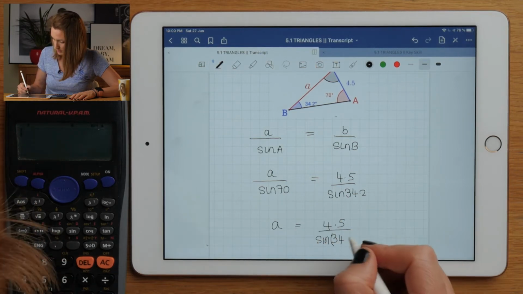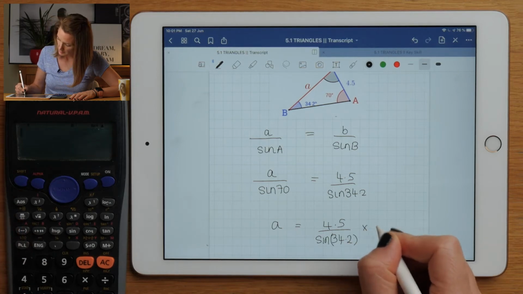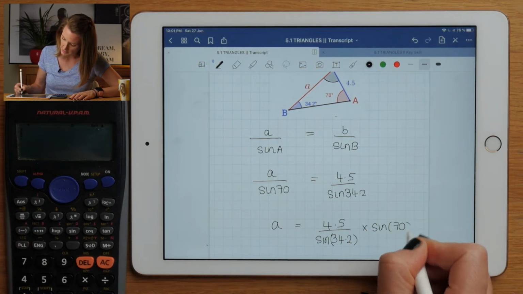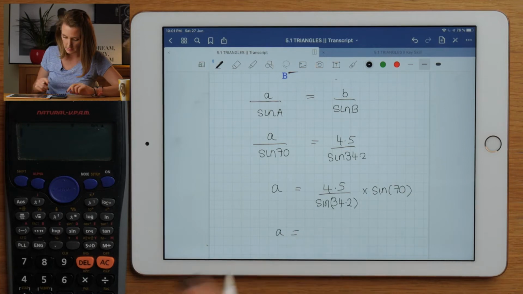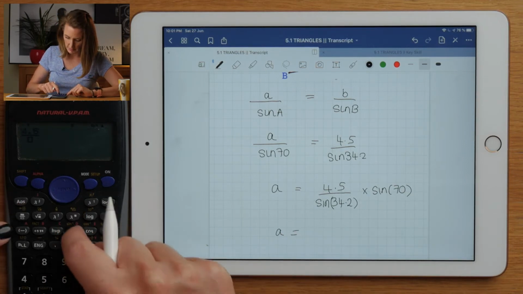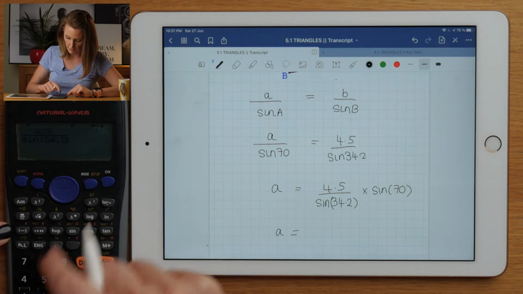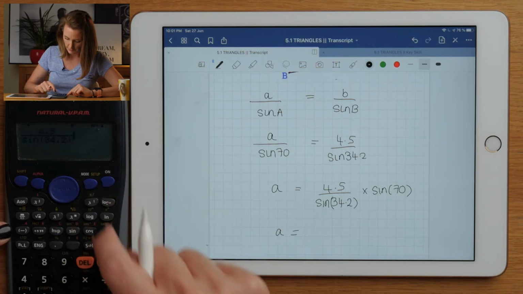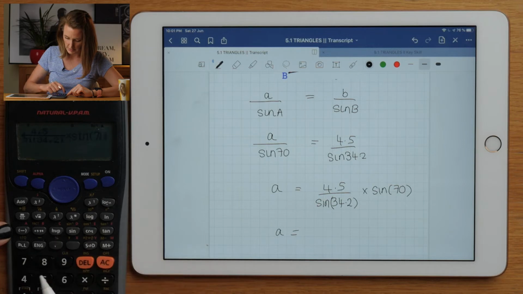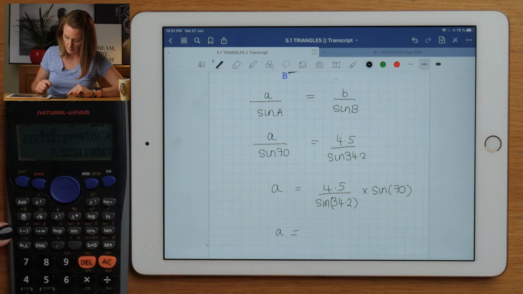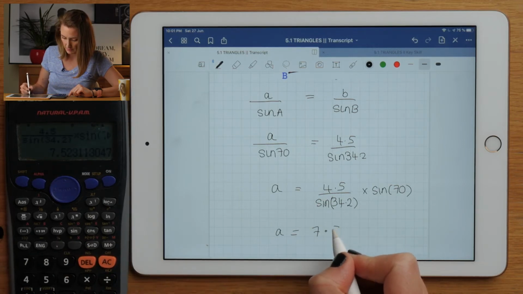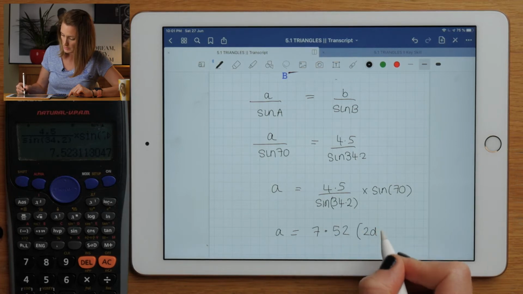It should really be in a bracket, so 34.2 times by sine 70. I type that into my calculator all at once, so 4.5 times by sine 34.2 times by sine 70. And that gives you A, 7.52, for example, if I'm going to 2 decimal places.